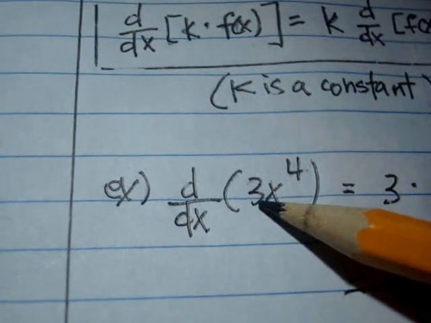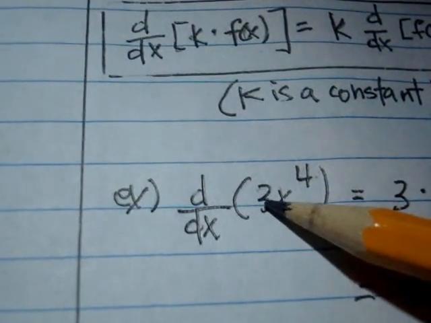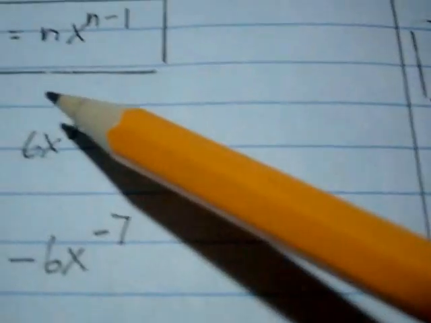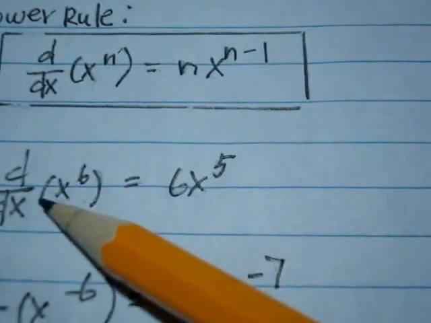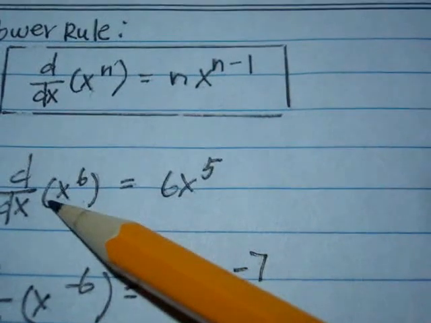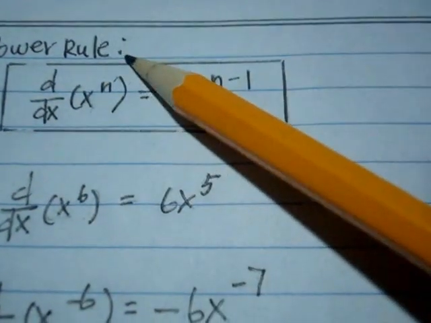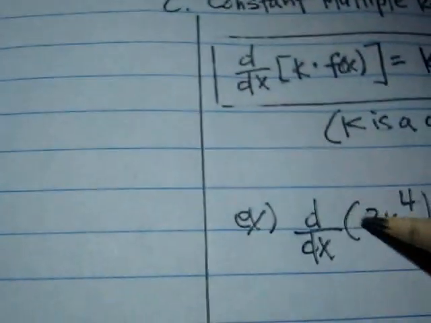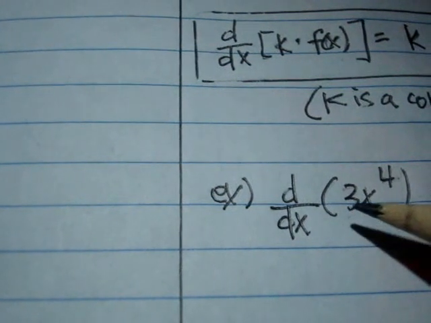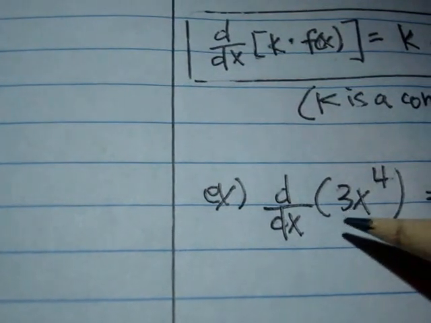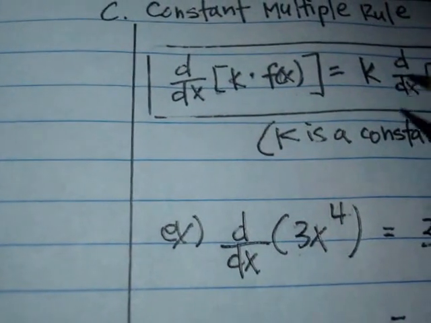If it's just an x and no other number, notice that there's no number in front here, so it is an indication that it's a 1. If it's a 1 in front of the x variable, then you use the power rule. But in this case, there's a number in front, greater than 1 or less than 1. So that means you have to use the constant multiple rule.